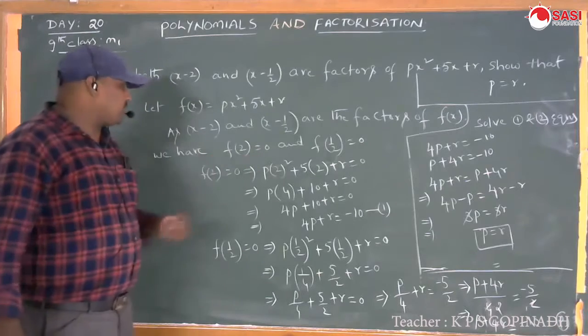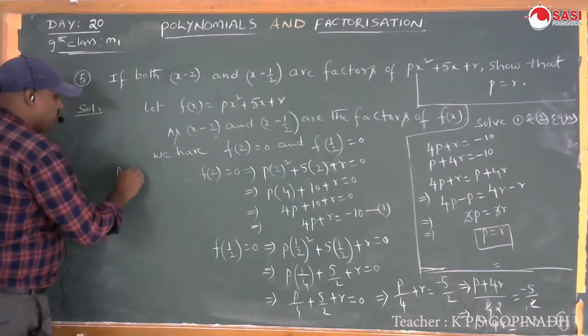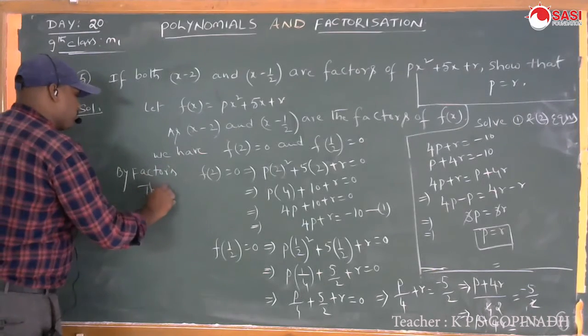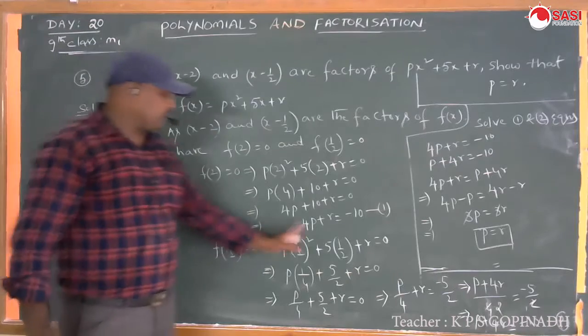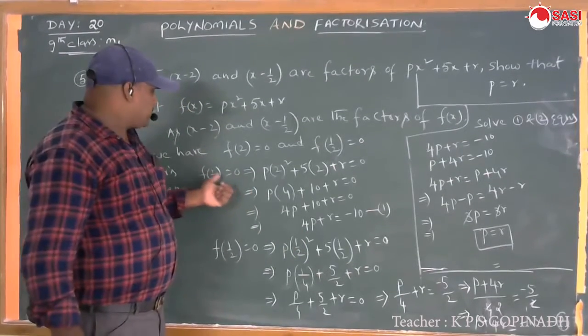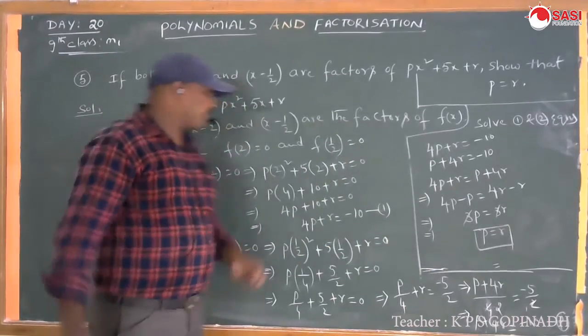So by the factor theorem, f of 2 equal to 0 means putting x is equal to 2, we get one equation, that is 4p plus r is equal to minus 10.